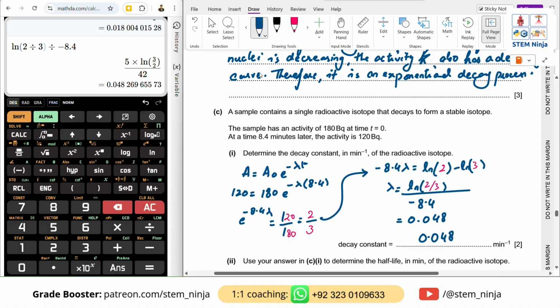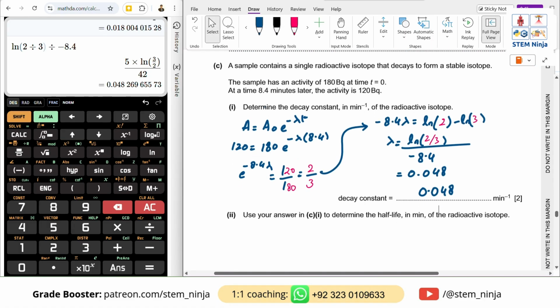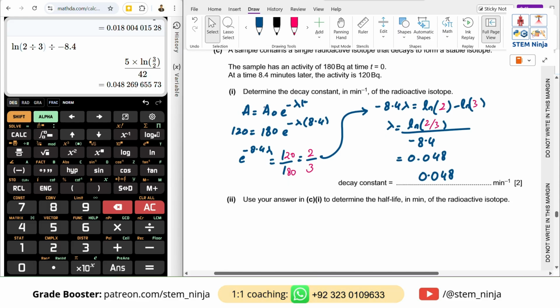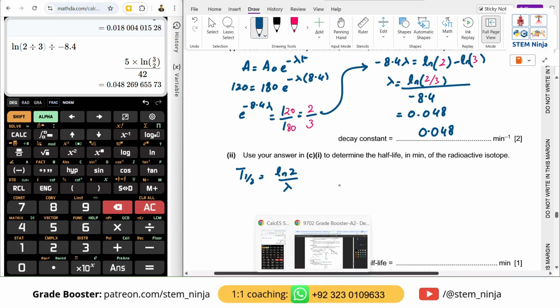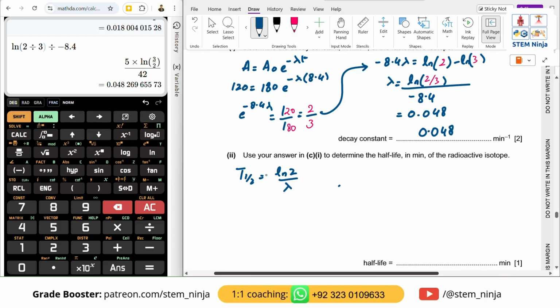Okay, use your answer in C1 to determine the half-life in minutes of the radioactive isotope. So remember, half-life is equal to ln 2 over lambda. This is again given above in the formula booklet in the exam.